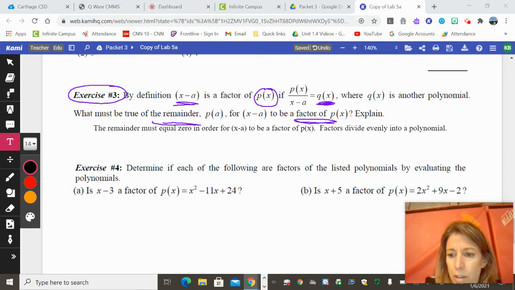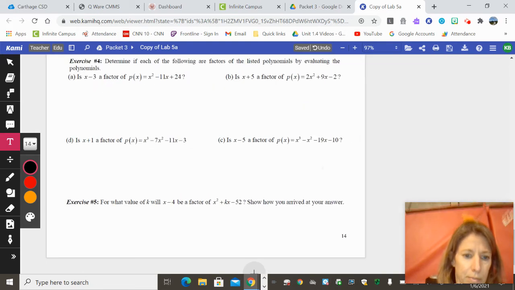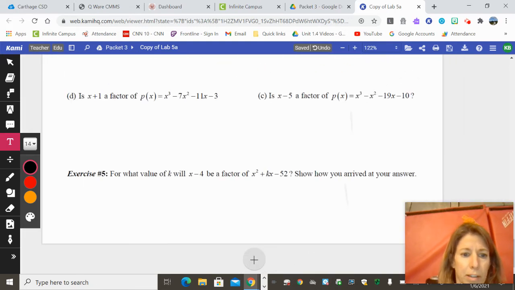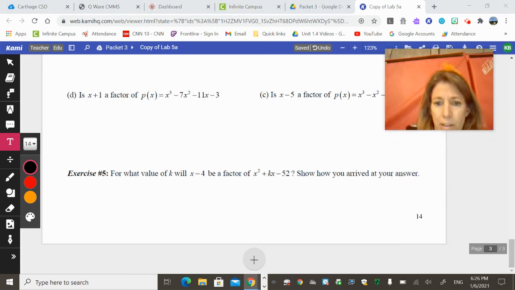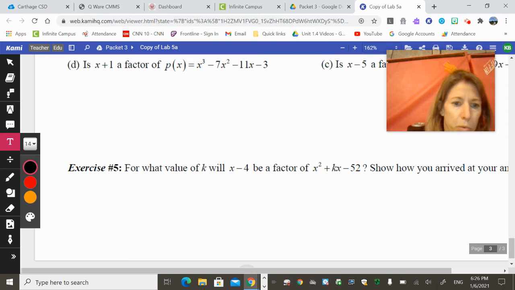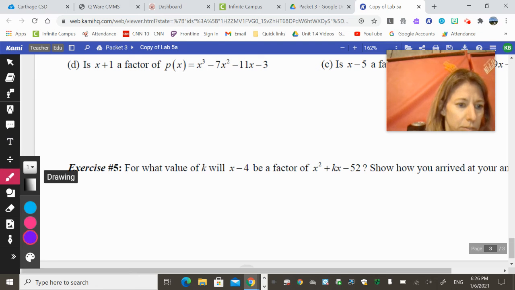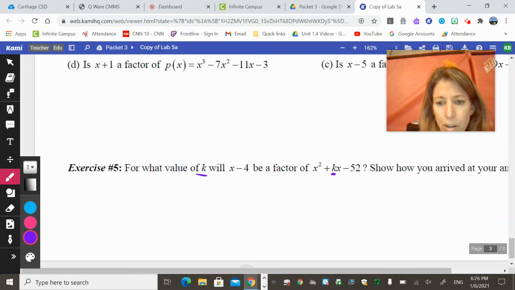The last problem we're going to do is exercise 5. And again, this concept comes back. We see the keyword factor. It says, for what value of k, so we're solving for this value, will x minus 4 be a factor of this polynomial? Show how you arrived at your answer.